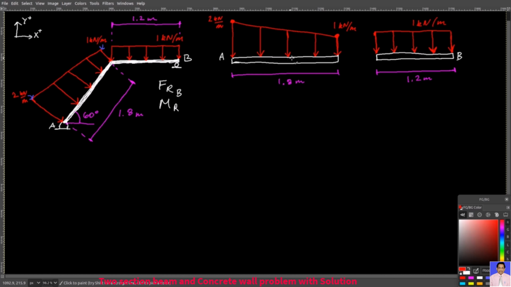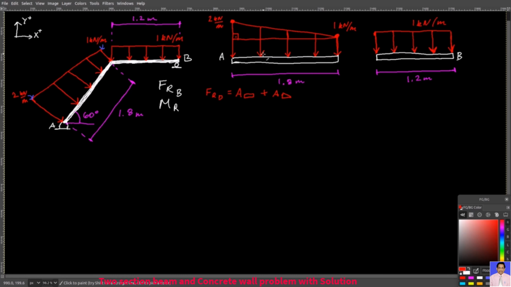For the diagonal beam, you essentially have to get the area of a trapezoid, which in fact consists of a rectangle and a right triangle. So let it be FRD, which stands for FR diagonal, it equals the area of the rectangle, which you have here, plus the area of the right triangle, which you have here.